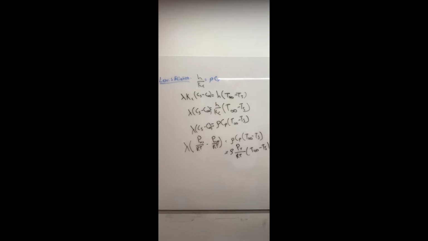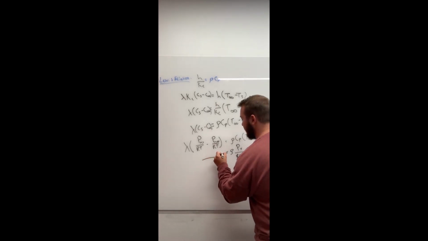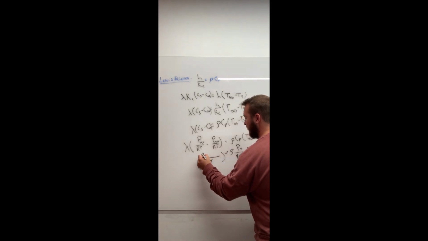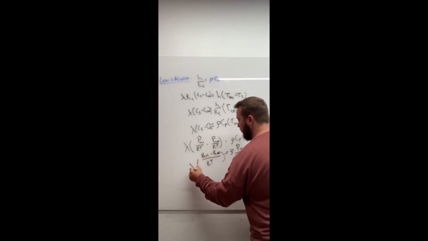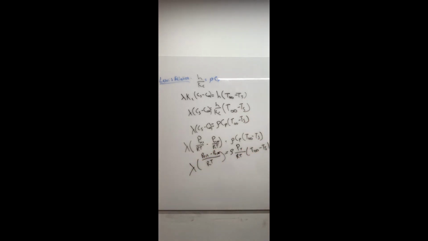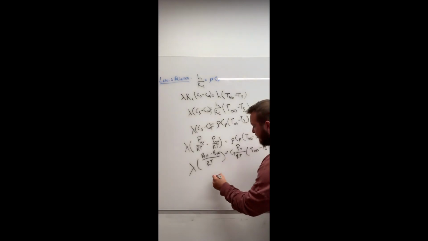Okay, and then that's going to be equal to, we can just combine these terms so that they're both over RT. And then sorry, this should be concentration, so 1 over, should be Cp. Okay, so what we're going to do here is cancel out RT.